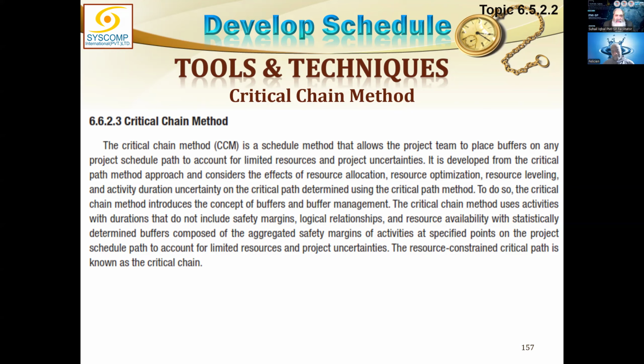What if this person gets delayed in his first activity? It is going to impact the subsequent activity. Yes. So rather than making this person's availability back to back, I will put a buffer between these two activities.